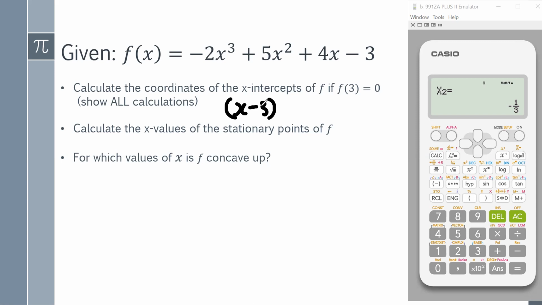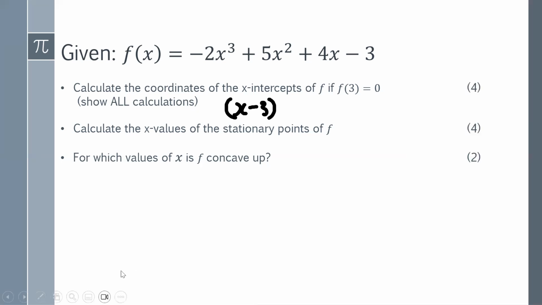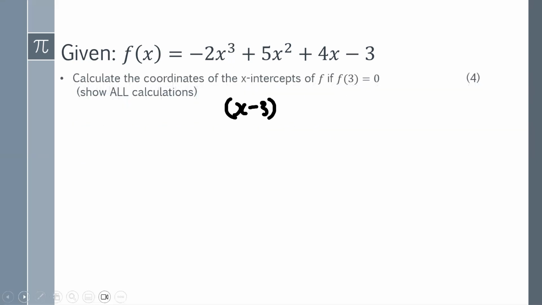So I know that, right? And then I just want to clear my board here so that we've got some nice working. Okay, so let's do it again, nice and fresh. I know that x minus 3 is a factor, so I will write x minus 3.